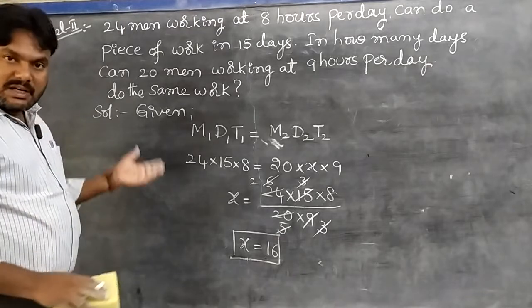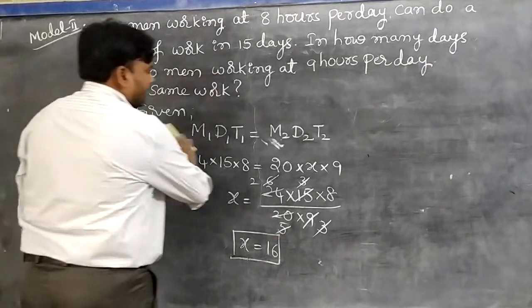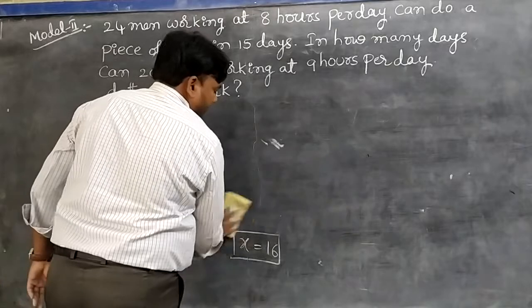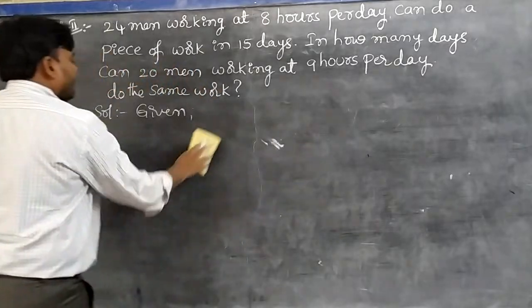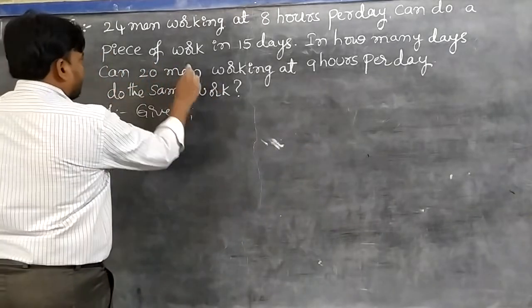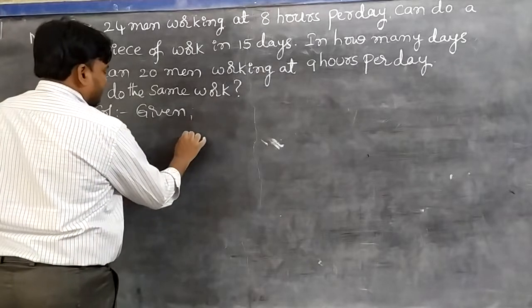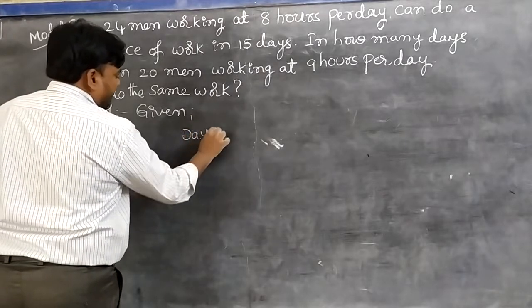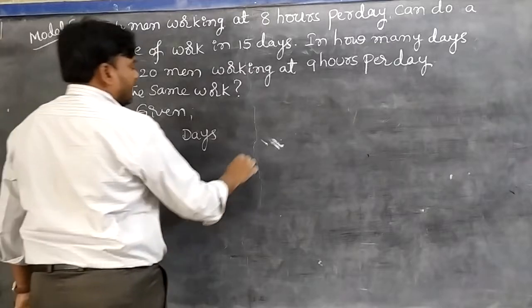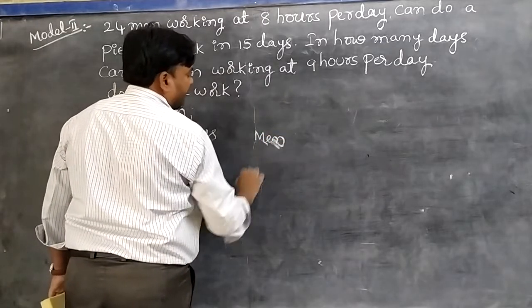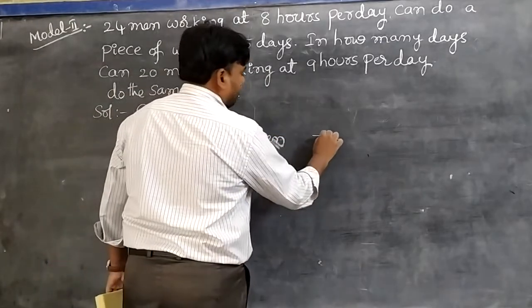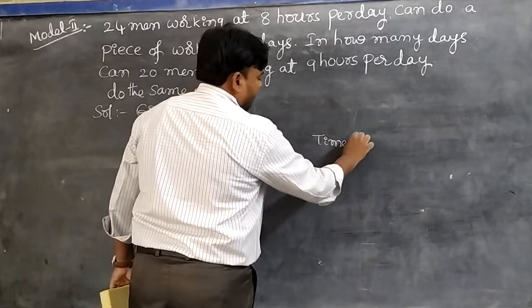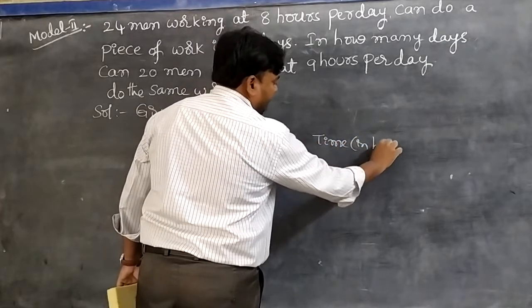We can take the academic method also. First we find the days. So what are we finding, the quantity? Take the first position days, men. Next, hours means time. Time in hours.